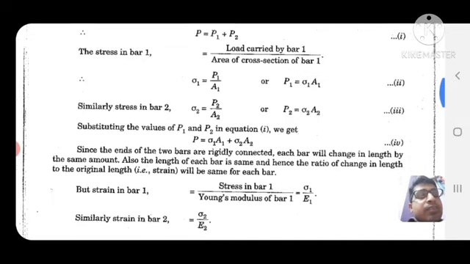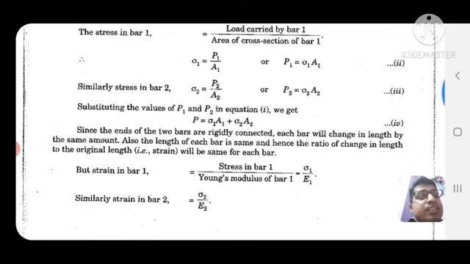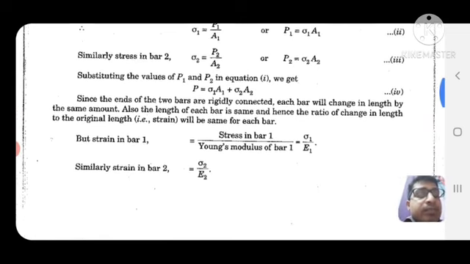Since the ends of the two bars are rigidly connected, each bar will change in length by the same amount. Also, the length of each bar is same and hence the ratio of change in the length to the original length will be same for each bar.